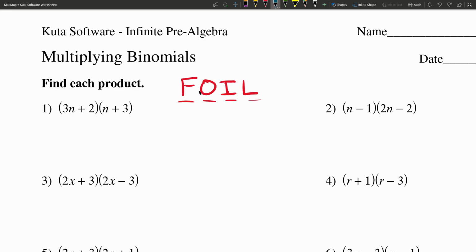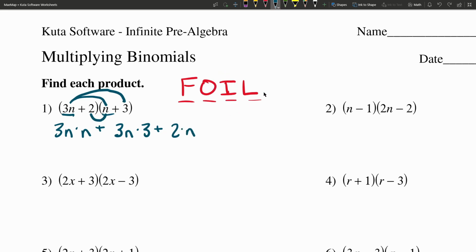So let's jump into number 1, remembering to FOIL. So first term, 3n times n. And we're going to add that to our outside terms, 3n times 3. And then we're going to add that to our inside terms, 2 times n.